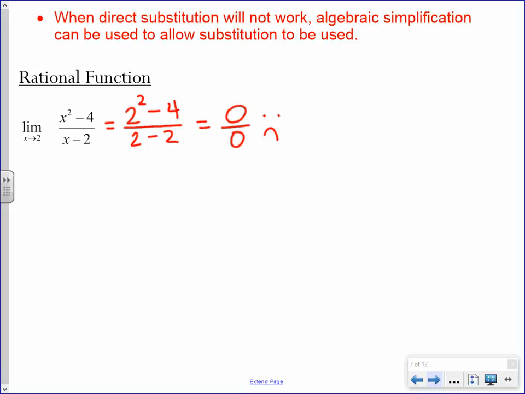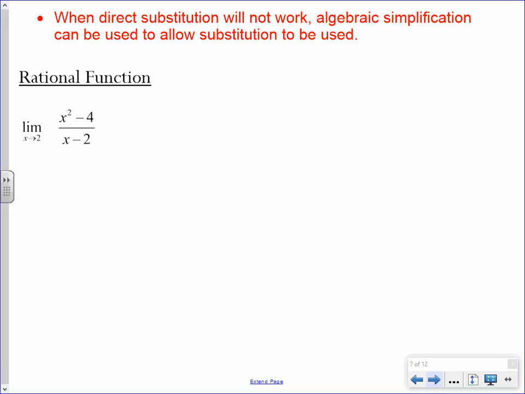It means we need to see if there's an alternate way of algebraically getting our limit. So my advice to you is, if at first you're dividing by 0, look to see if there's any way you can simplify your fraction. Is there a way that we could rewrite this to a more simplified version?